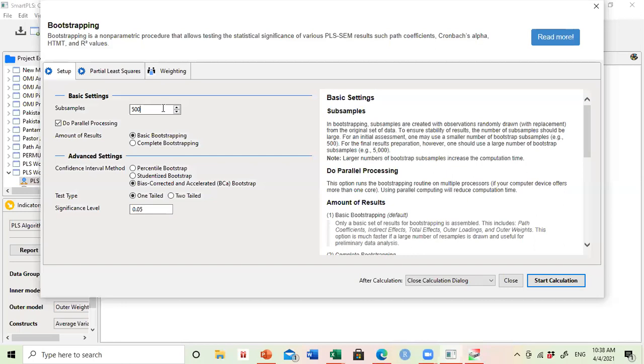In that case, you show the direction that you want. I want the direction to be significant. So it's clear that we want it significant. Anything else is not supported. So that one is one tail.